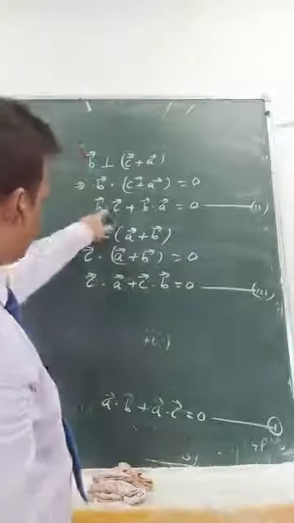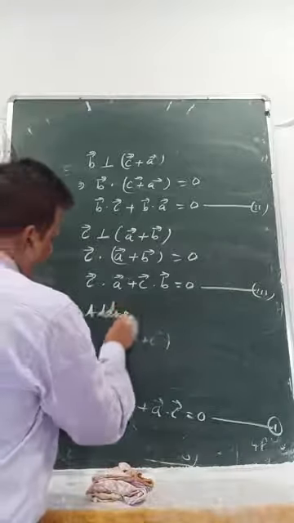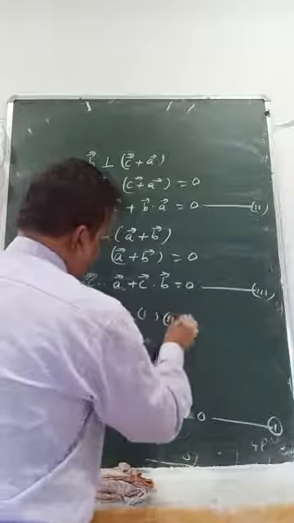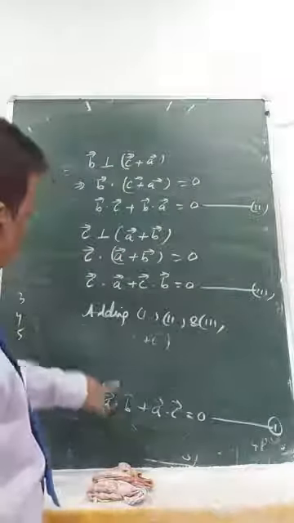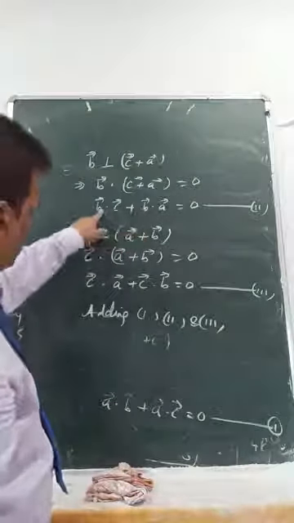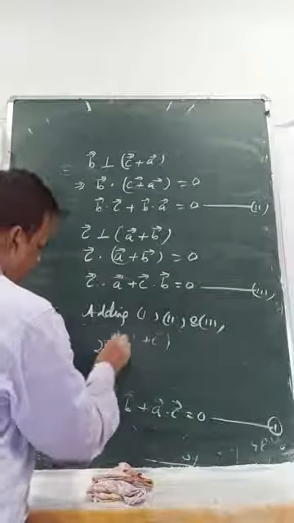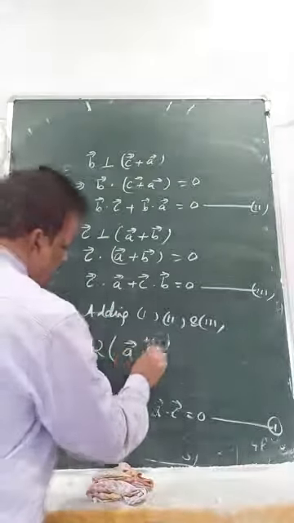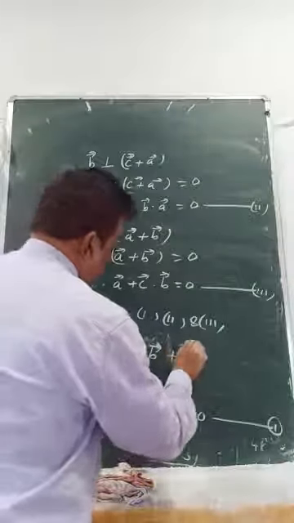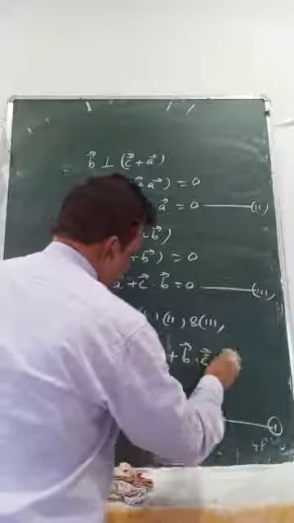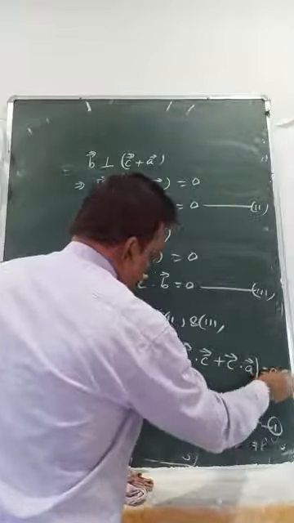Now look at this, if you add 1, 2, 3, everything will come 2 times: A dot B, A dot B, B dot C, B dot C, C dot A, C dot A. So 2 times (A dot B plus B dot C plus C dot A) equals 0.